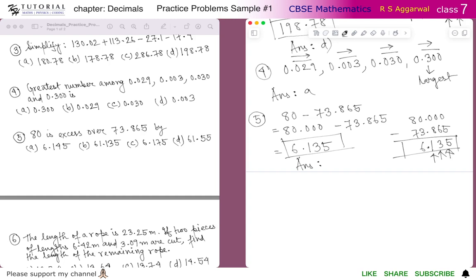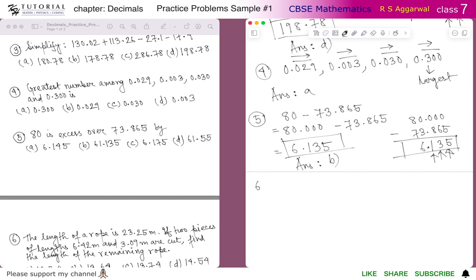If I do the subtraction, it is 5, 7, 3, 9, 1, 4, 6, 8. Yeah, it should be B. In the question paper it is given 61.135, but I'm quite sure choice B should be 6.135.